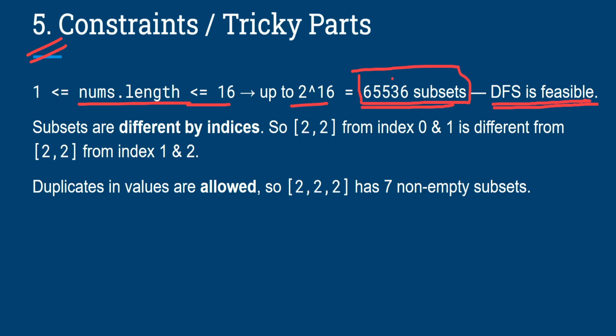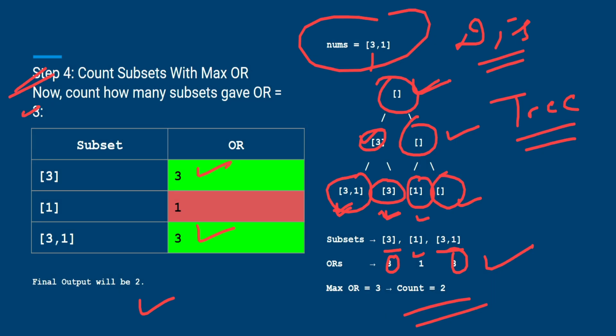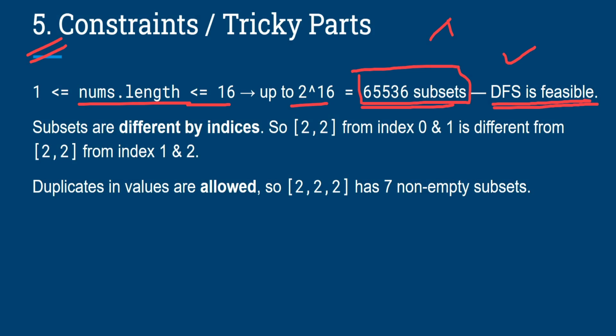If you do greedy or any other approach, that will not be worth it. So better to use DFS. It is pre-computed, as you have seen in the tree. When a tree node comes the first time, we calculate it, and we don't need to calculate it again. That is why we should think about DFS. Now understand that subsets are different by indices.